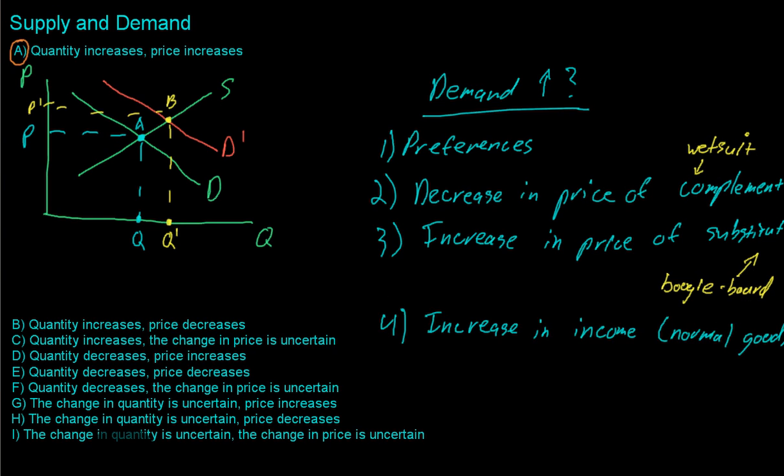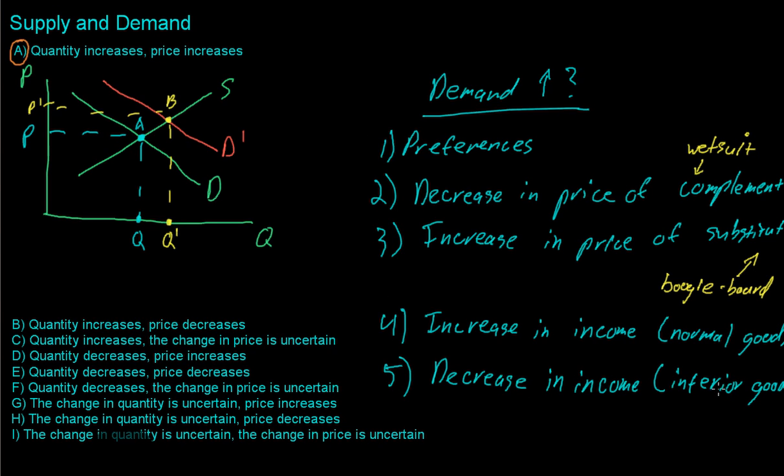Then there's also what is called an inferior good, and I'm going to explain this after I talk about it. A decrease in income will also lead to an increase in demand for an inferior good. Inferior goods are, by definition, goods that you spend more on when your income decreases. The stereotypical inferior good is like top ramen.